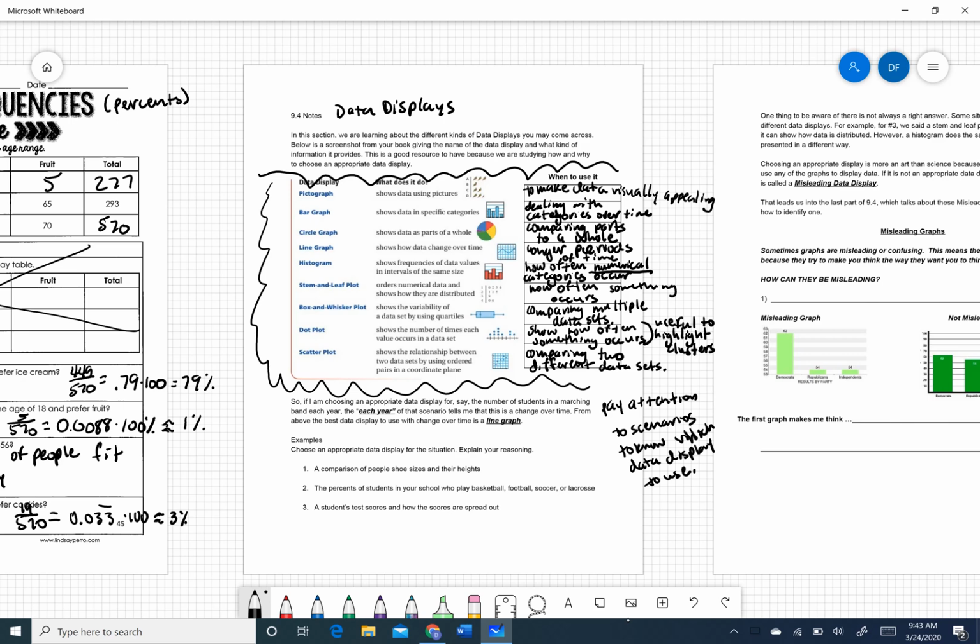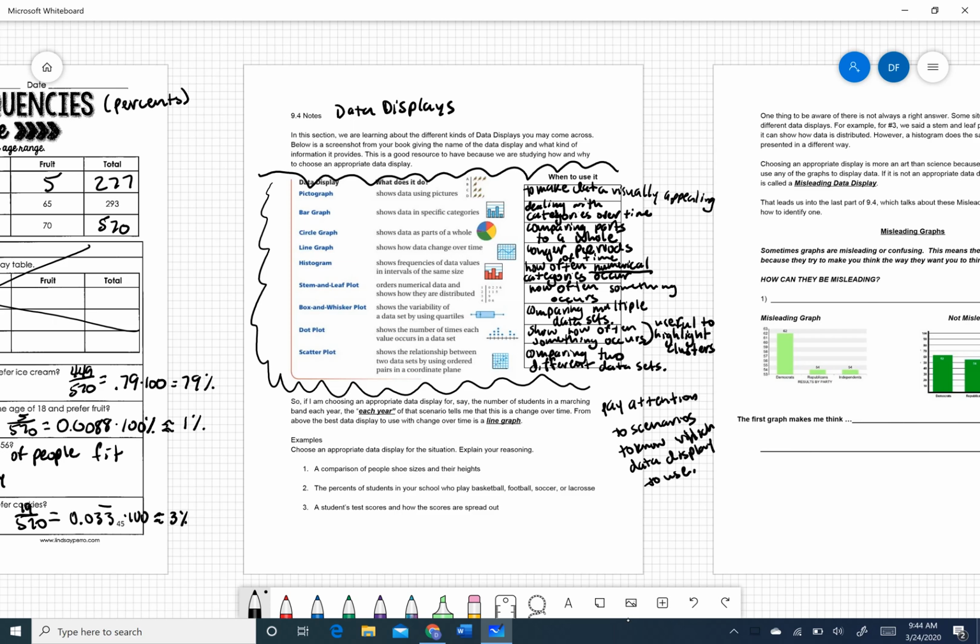So we want to use a line graph here as opposed to a bar graph because of the period of time, and each year being probably a longer period of time that we'll have been recording our data.